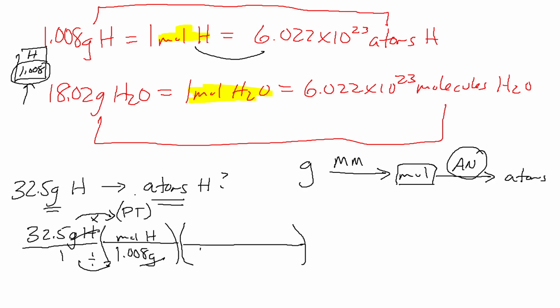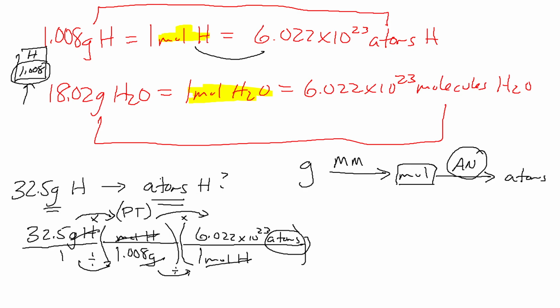Moles are on top, which means 1 mole of hydrogen on the bottom, 6.022 times 10 to the 23 atoms up on top. Again, multiplying and dividing, and our moles will cancel, going to leave us atoms here.